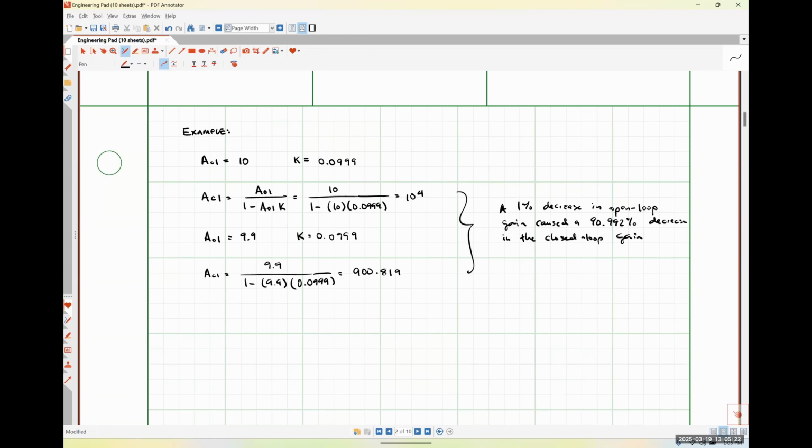So our closed loop gain would effectively be our open loop gain divided by 0, which we could consider to be an infinite amount of closed loop gain. Well, what does an infinite amount of closed loop gain mean? Essentially, it means we can potentially generate an output signal for no input signal.